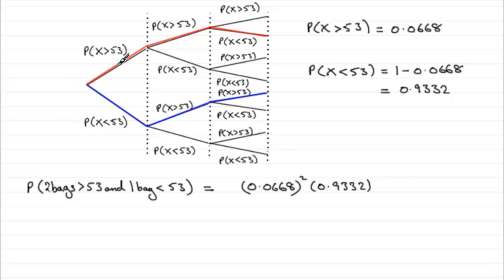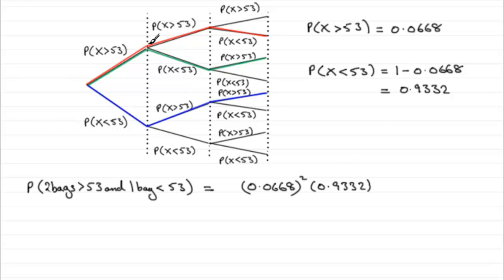So we've got 2 of these calculations so far, but again it doesn't stop there, because you could find that your first bag was more than 53, second bag was less than 53, and the third bag was more than 53. But if you were to do this calculation, it would still be exactly the same as this.